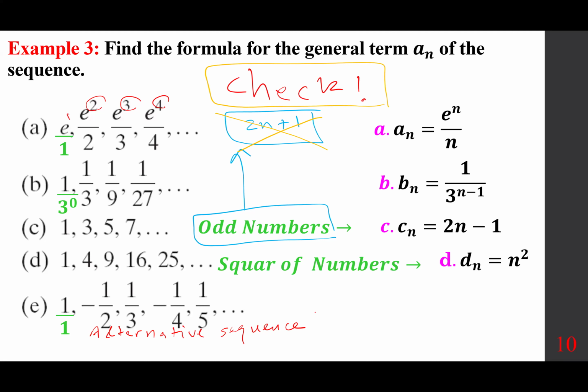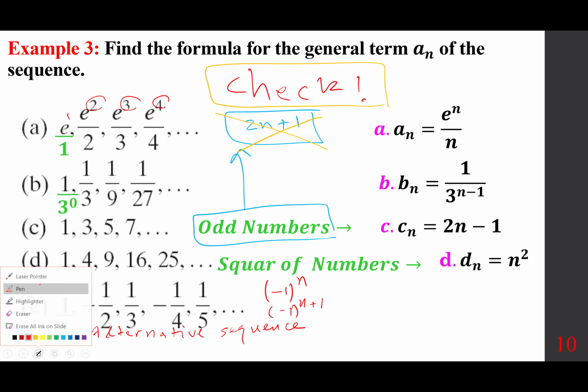So if you ignore the sign, the answer is 1 over n. But when it comes to the sign, negative 1 to the power of n is used, or negative 1 to the power of n plus 1, to represent alternating. So which one do we use and why? If I use this one and n is 1, I get negative 1 to the power of 1, which is negative.